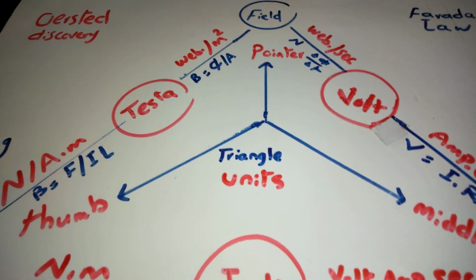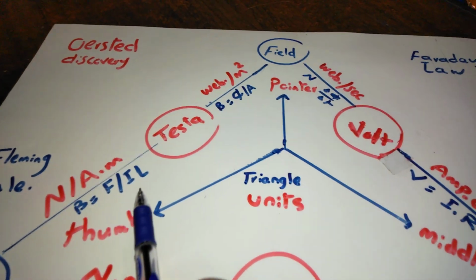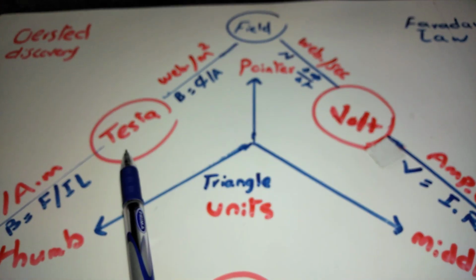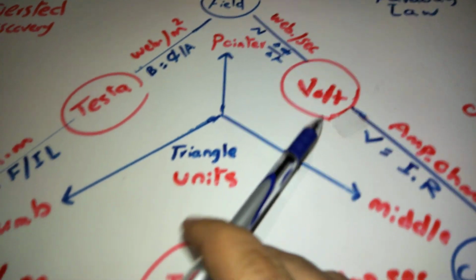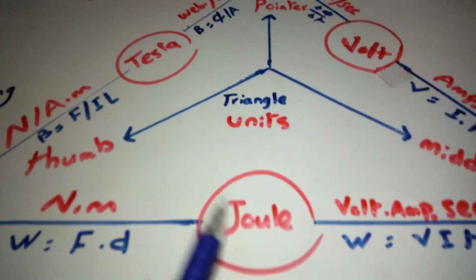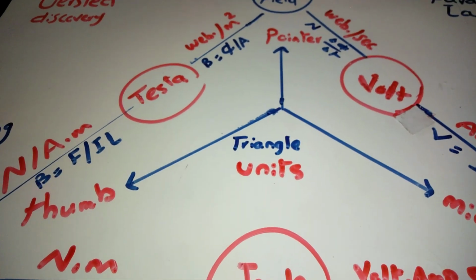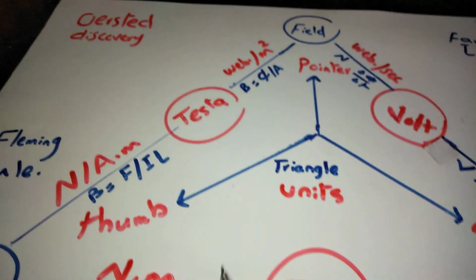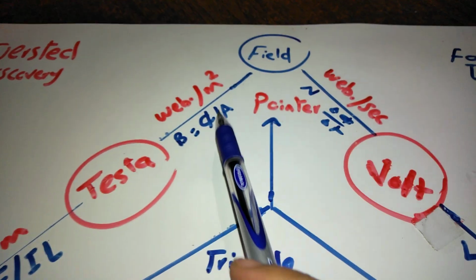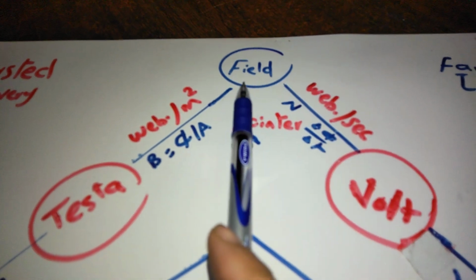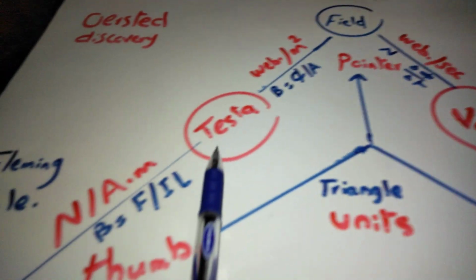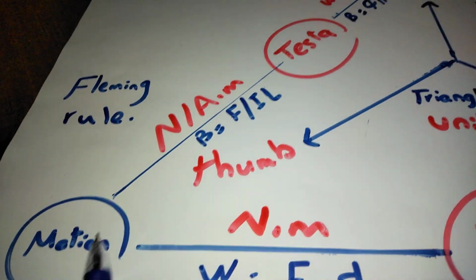I'm going to make it clear when I say that Tesla, volt, and joule are the main connecting units in your curriculum. And if I start with Tesla, it connects between the field and the motion.